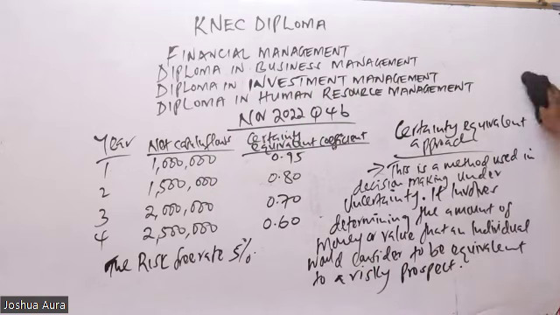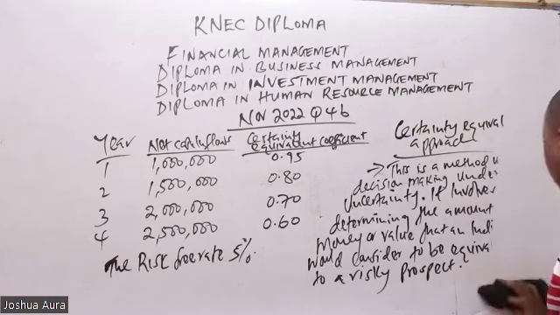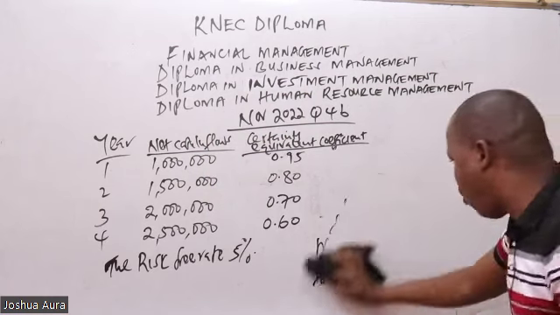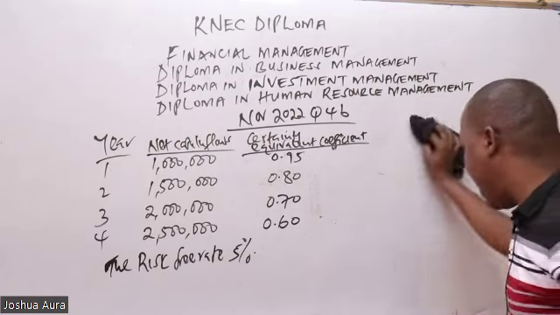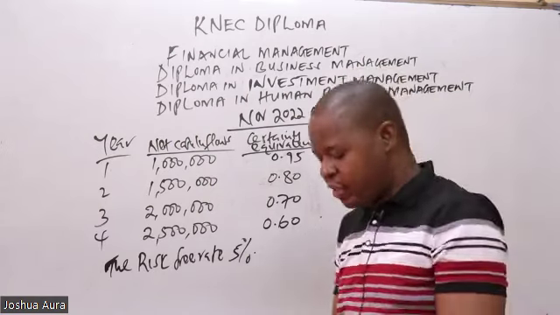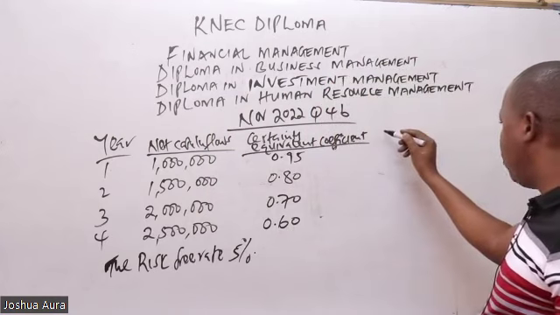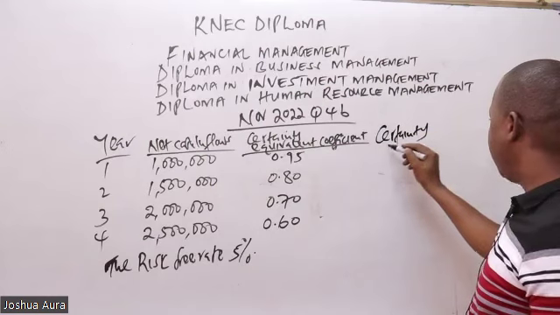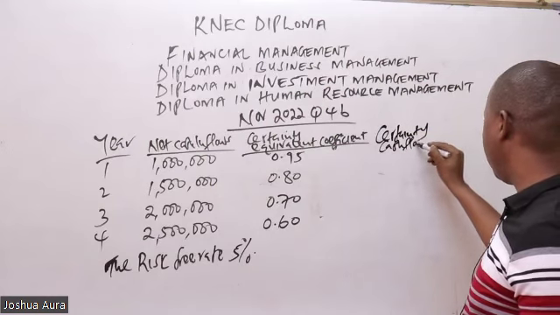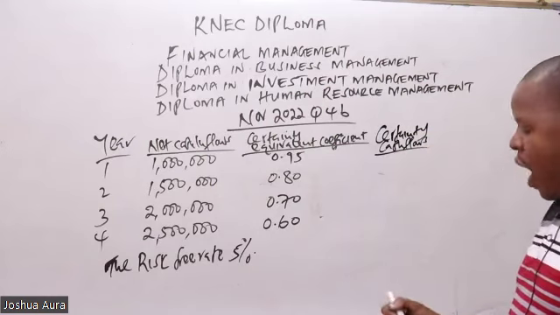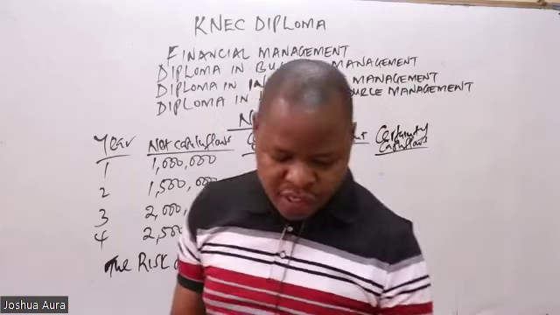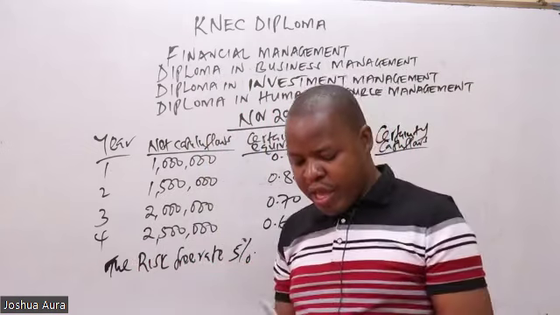So allow me to wrap this part, so that now we can insert the column of certainty cash flows. So how do we get these values?